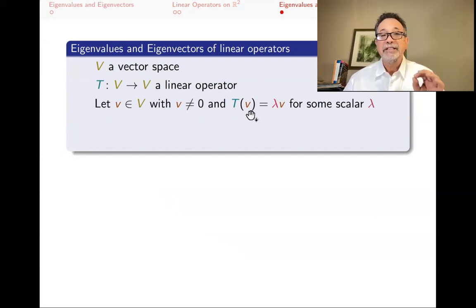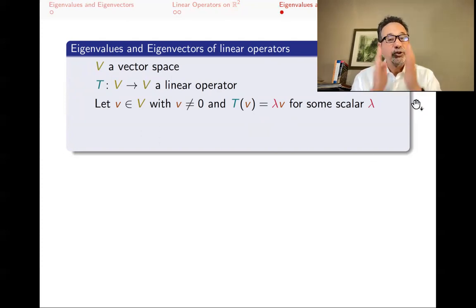You don't want v to be 0 because what we want to do with eigenvectors is to put them in bases, and the 0 vector doesn't do that for us. Also, if you were going to say that 0 is an eigenvector, then it would be an eigenvector for every eigenvalue, because T of 0 would be 0, so regardless of what lambda is, that equation would work. And so it would be meaningless. So an eigenvector has to be something that's non-zero.